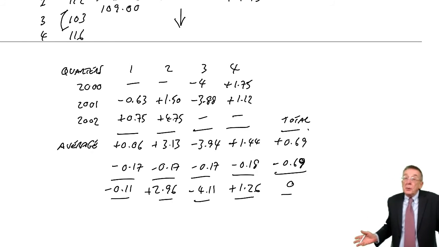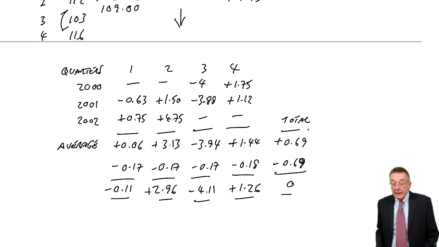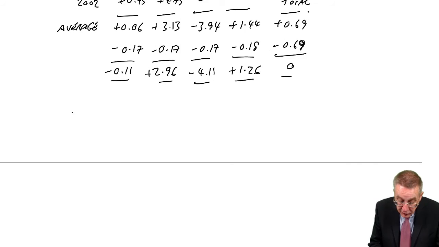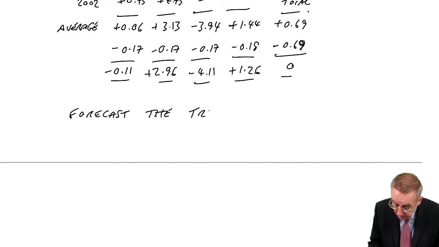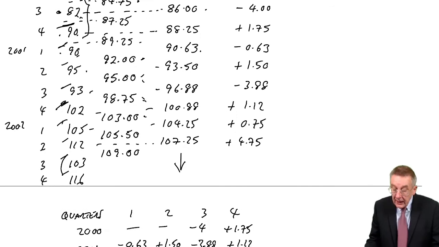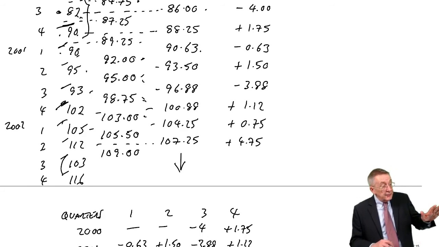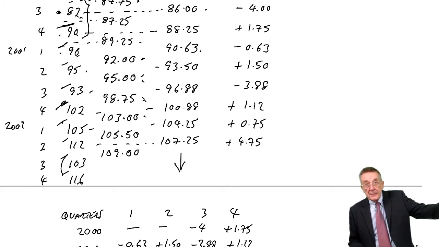And so what will we do for forecasting? What we do is forecast the trend, so there's the underlying pattern. And as I say, to forecast, there's no rule. You could just put them on a graph and try and extend it.